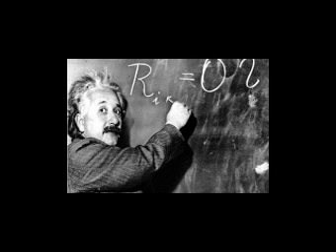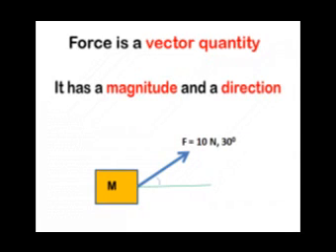To study dynamics, we must introduce two new concepts that were not required in kinematics: the concept of force and mass. Force is a central concept in all of physics. It is a vector quantity which must describe the direction in which it acts as well as its magnitude.